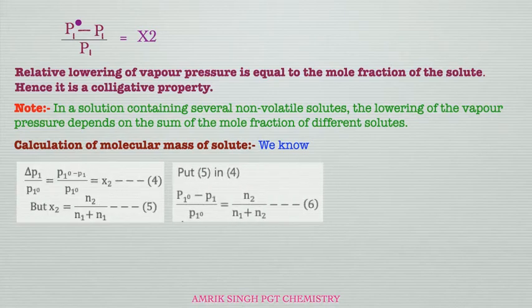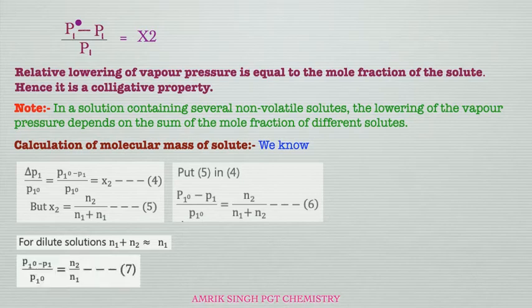Putting equation 5 in 4, we get (P naught 1 minus P1) divided by P naught 1 equal to n2 divided by (n1 plus n2). For a dilute solution, n1 is for solvent and n2 is for solute. The solute is present in very small amount. Therefore, we can take the approximation n1 plus n2 nearly equal to n1.